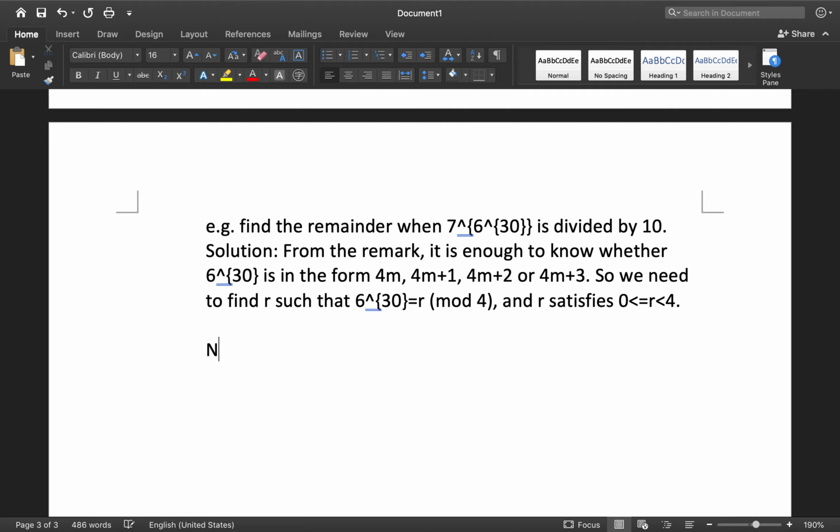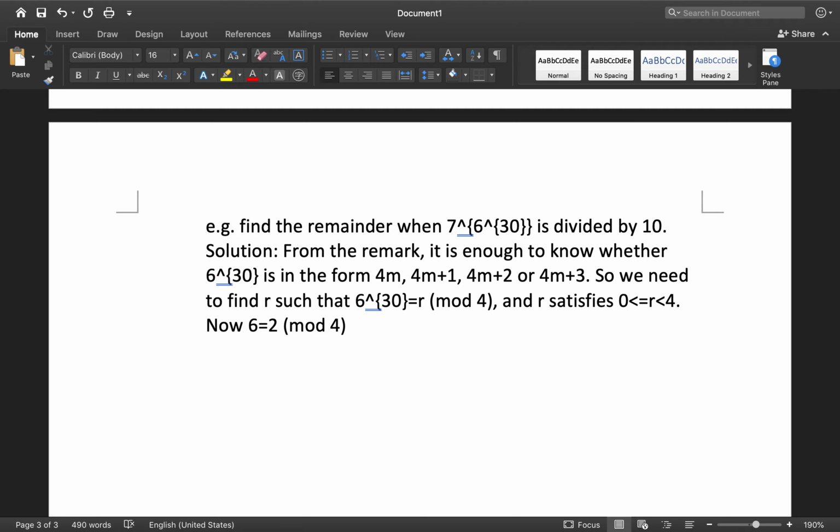Now, oh sorry, now we have 6 congruent to 2. This is the first step. You take the congruence modulo 4. 6 must be congruent to 2, right? Because 6 minus 2 is just equal to 4.